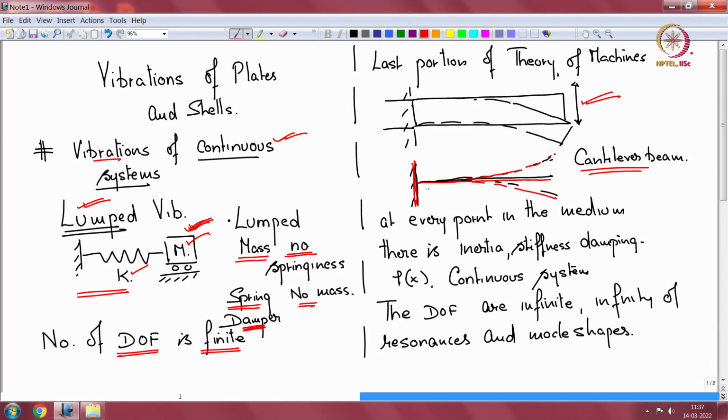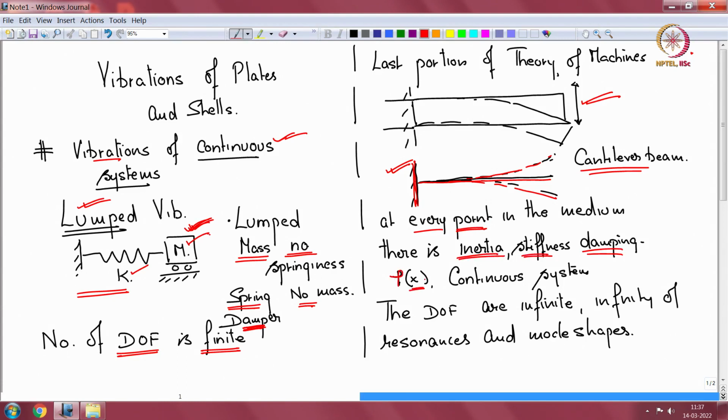So what is the difference between this and the spring mass system on the left? Here at every point within the medium, within the material, there is inertia, there is stiffness, there is damping. That means the density is a function of x.